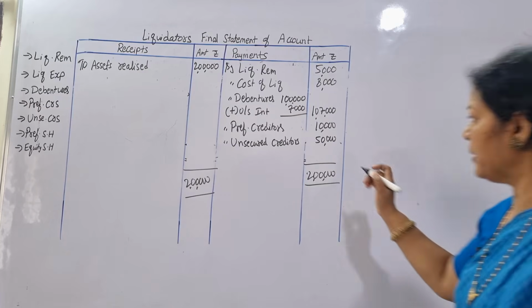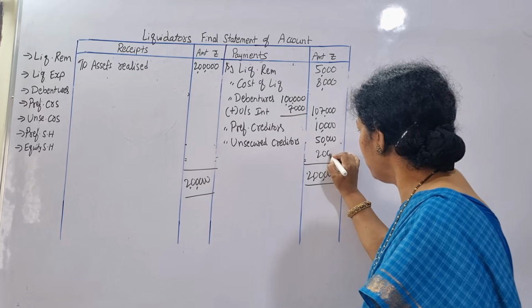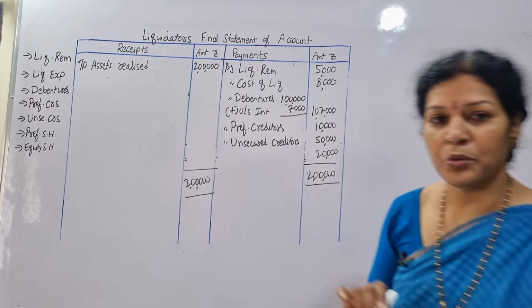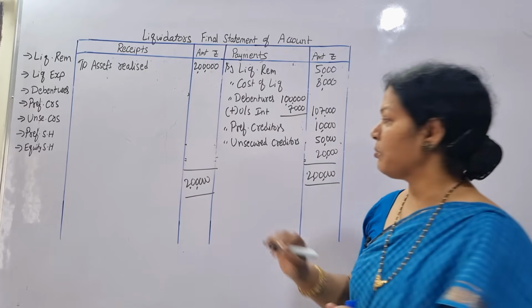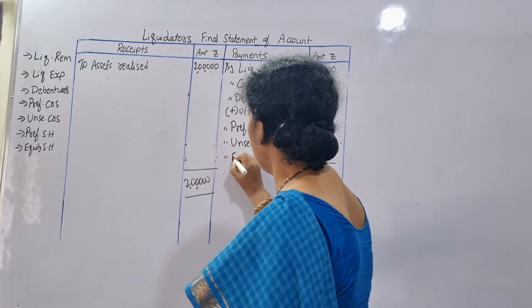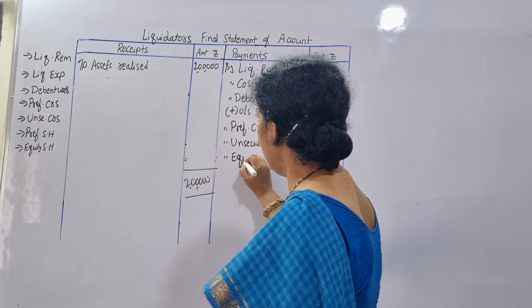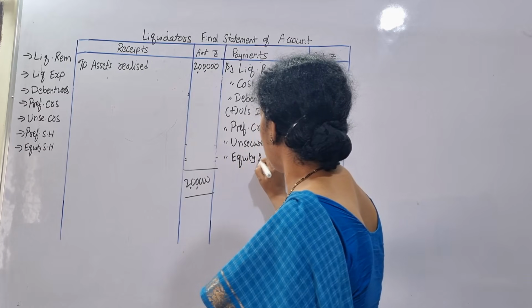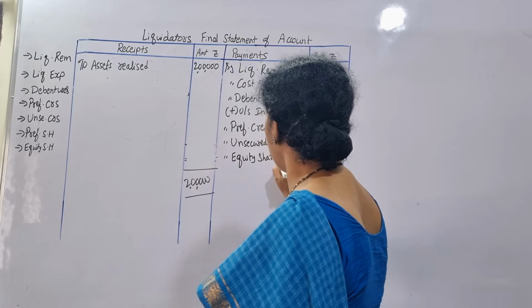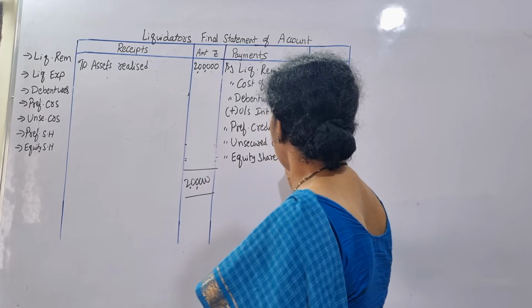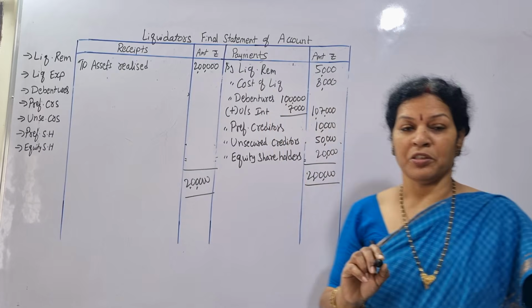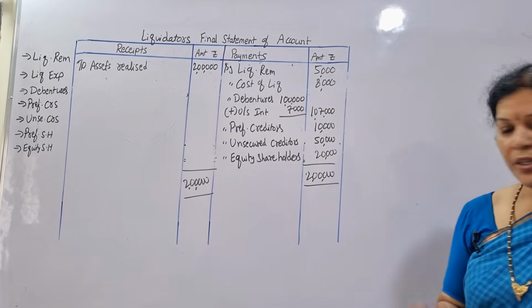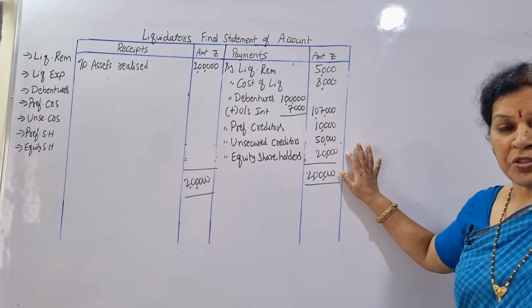It's coming to 20,000. To whom are you making the payment of 20,000? Equity shareholders. So by equity shareholders, this much is the amount. Now here, the payment to the equity shareholders is 20,000.